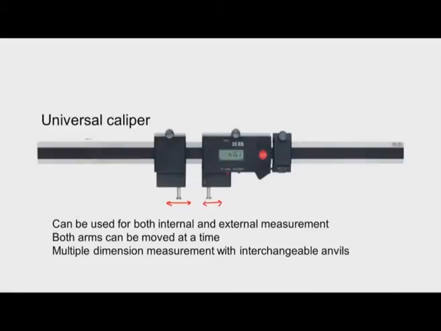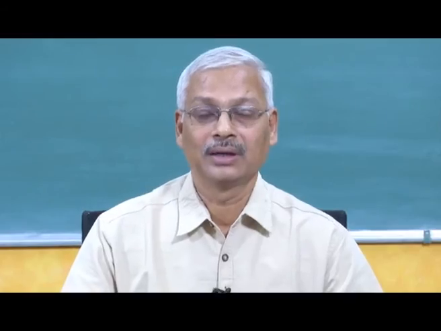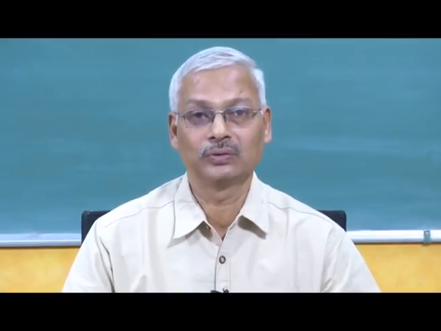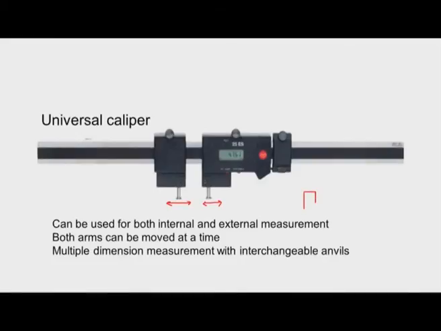Now, for multiple dimension measurement, the set of anvils are available depending upon our application. We can change these anvils and use them. For example, for the measurement of thickness, say we have a workpiece like this and we want to measure this thickness.